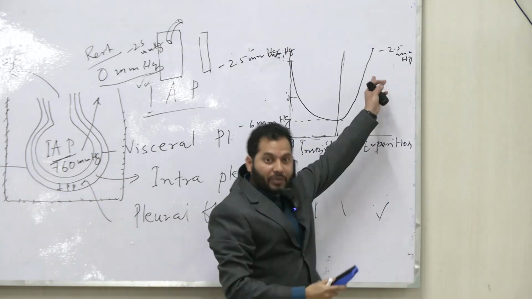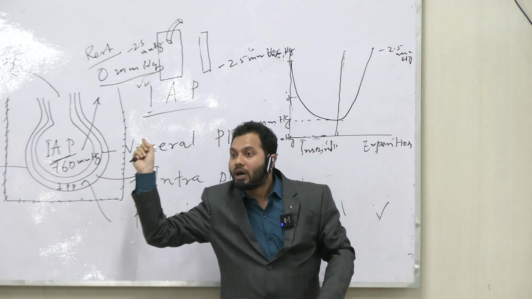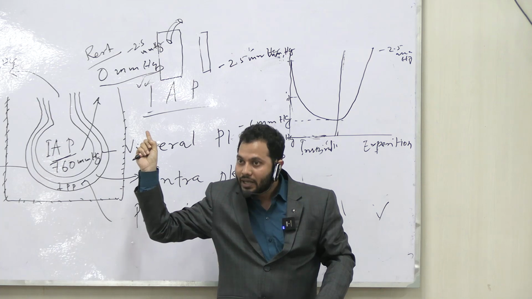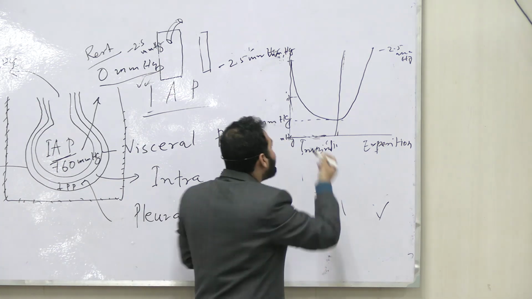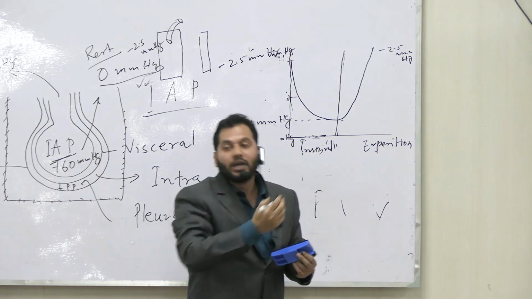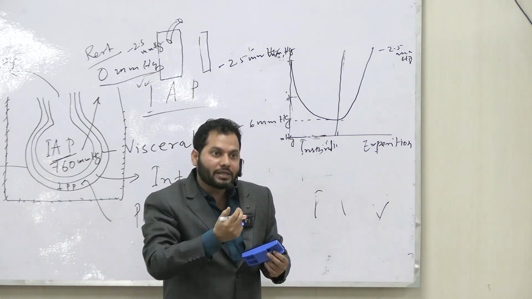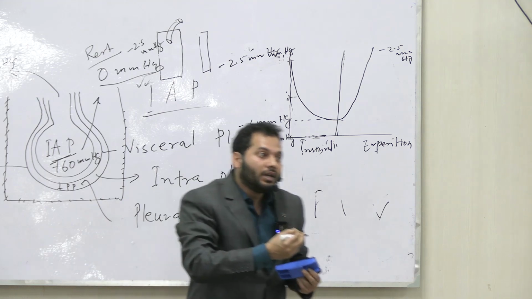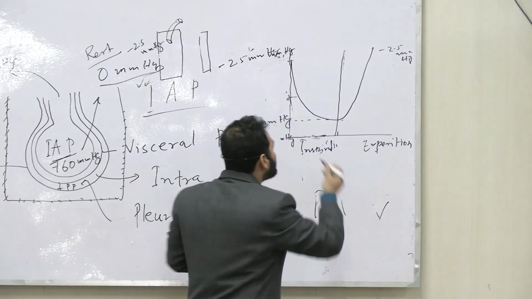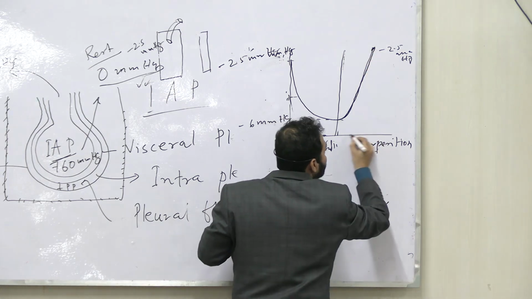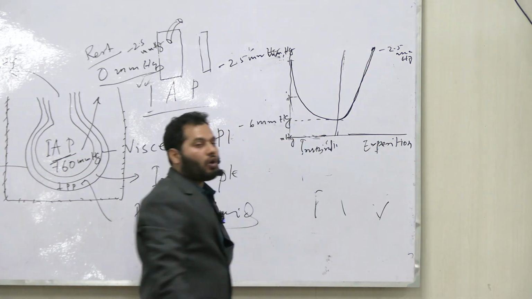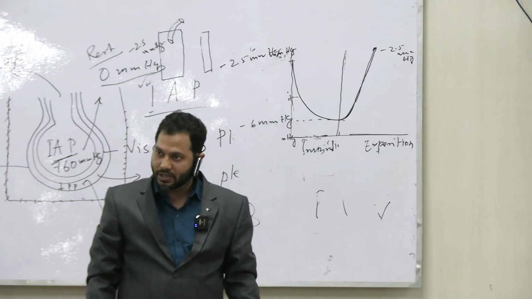To maintain that pressure, the lymphatic system will start to work and it has to release some of the fluid. If there is a release of fluid from this pleural space, obviously there will be changes in the pressures again. These pressure changes occur during the expiration process.